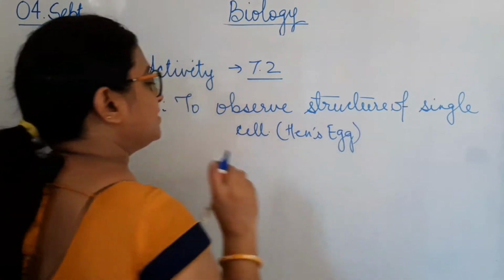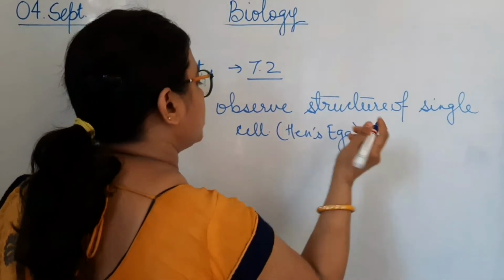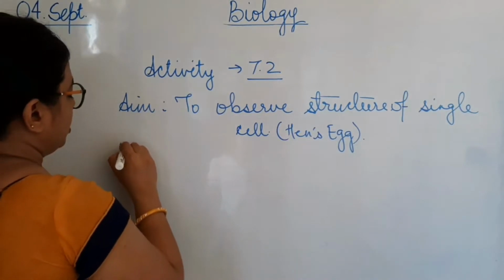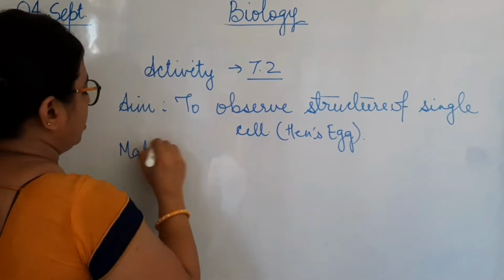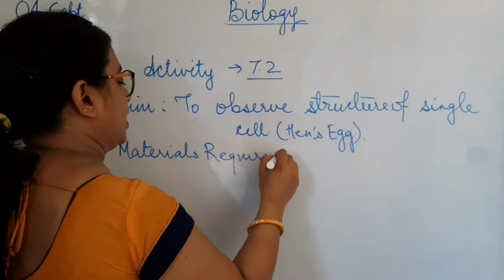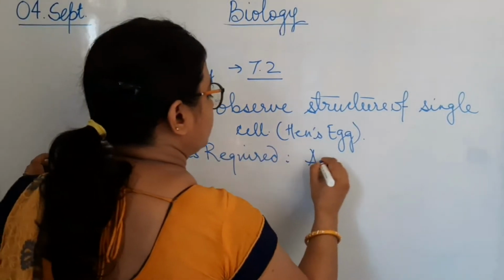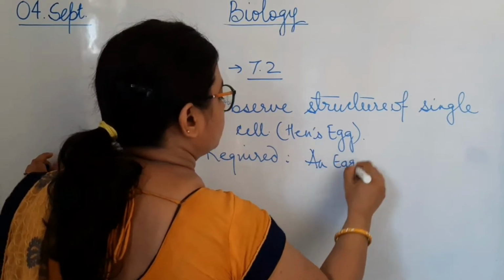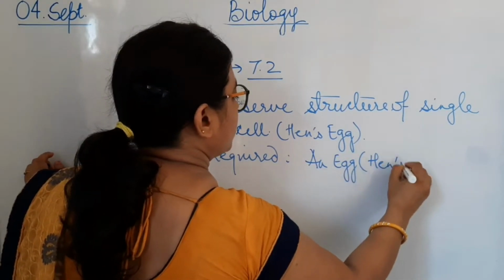Now the egg is a single cell, so we are going to study the structure of that only. So what do you need for materials? We need an egg, a hen's egg.